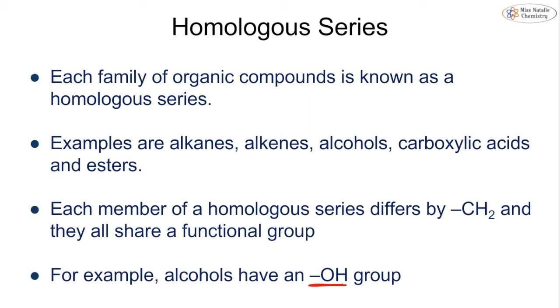And it's this OH group that gives it its properties. So it is what defines an alcohol, to have this group. And as you go from each member, increasing your number of carbons, they differ by CH2. So every time we add in 1 carbon, we also add in 2 hydrogens. And we'll look at how that's possible when we start to look at the formulas.